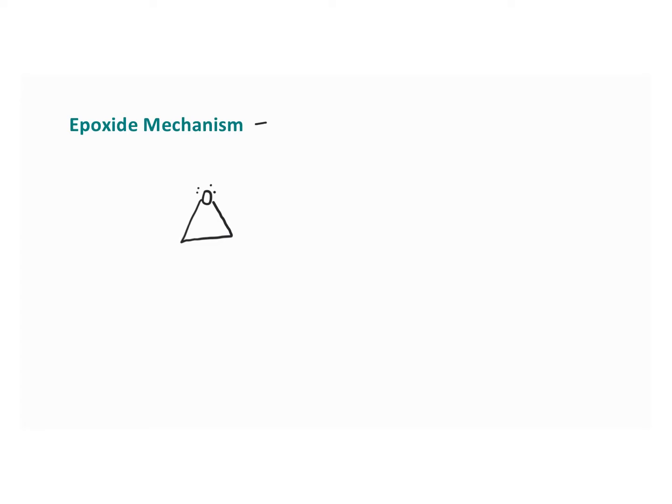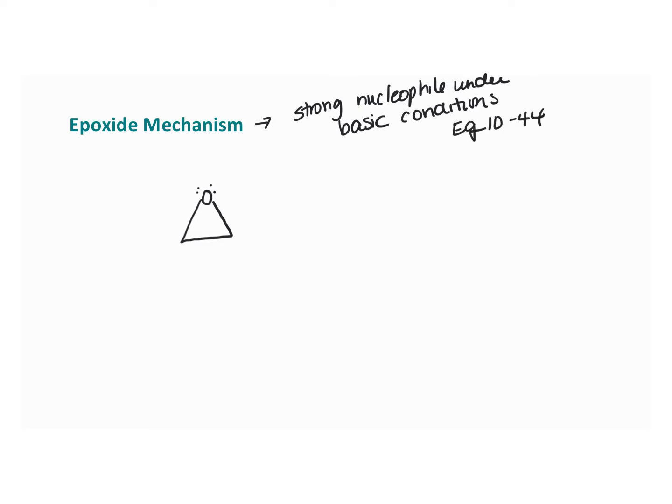So this is an epoxide mechanism with a strong nucleophile under basic conditions. And this is the mechanism for equation 10.44 on the previous slide. I can't go back or it'll break up, but you can go back and look, and this is going to be the mechanism for that.